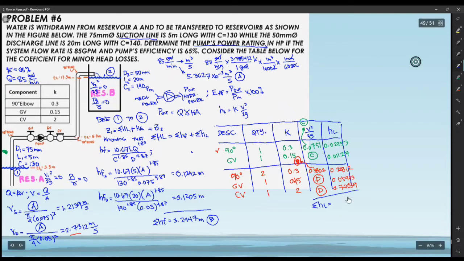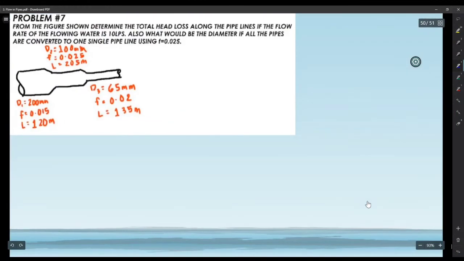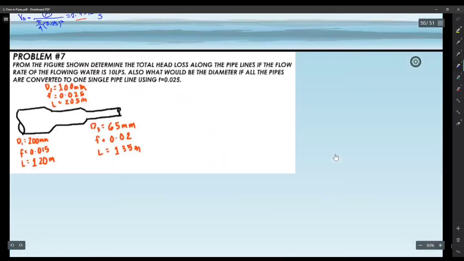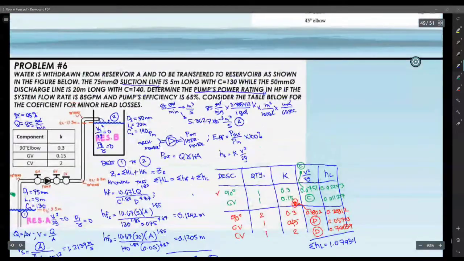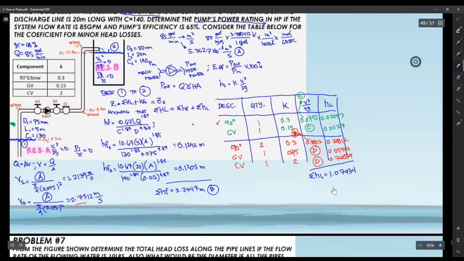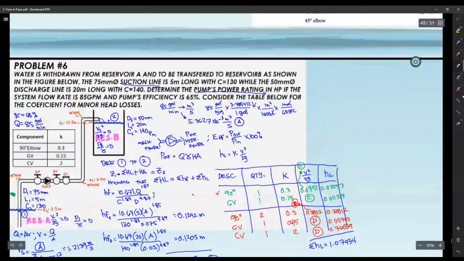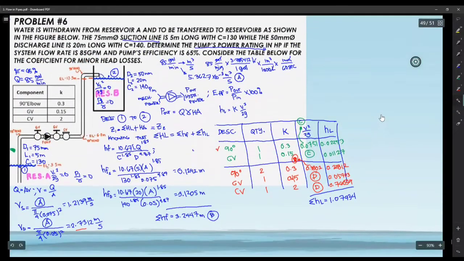Okay, so ang summation na nakuha ko is 1.07934. Okay, so since meron na tayong value ng mga major and minor head losses, I think we can now proceed in the Bernoulli's energy equation.